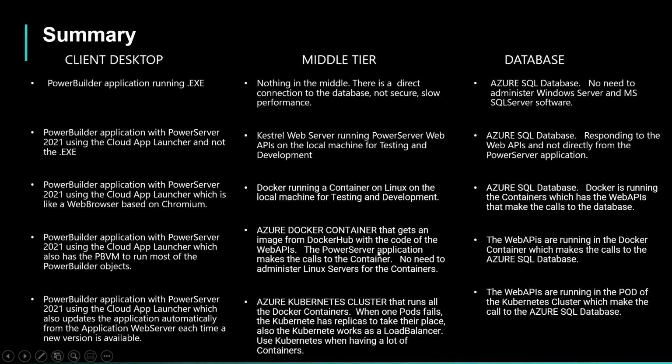The PowerServer application makes the call to the container. And the nice thing of having the Docker container is that you don't need to administer a Linux server for the container. Azure does everything for you.